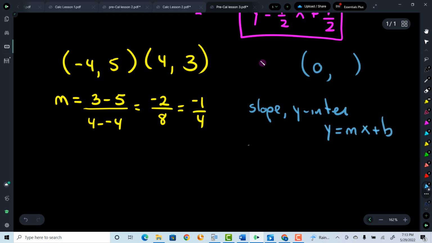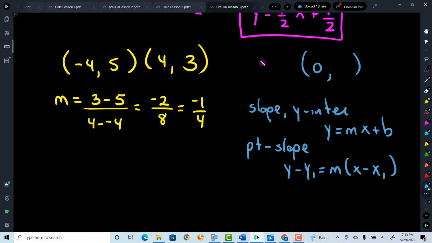Or I can do a point and the slope, and then I'd use y minus y1 equals m(x minus x1). So do I have a point? I sure do. I have 2 points. Do I have a slope? Yes, I do. So let's use point slope.